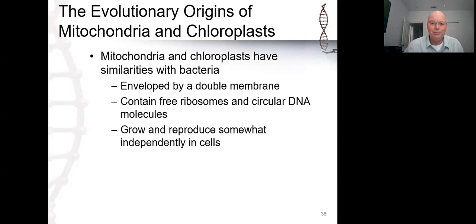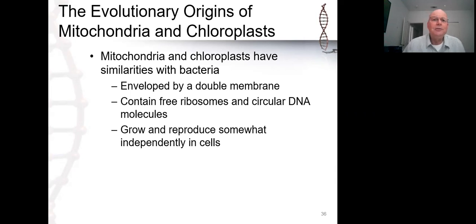Most of them have a single membrane. And in fact, the double membrane feature of the nucleus is sort of an outlier, because that double membrane is an envelope rather than a true double membrane system that you find in the mitochondria and chloroplast.